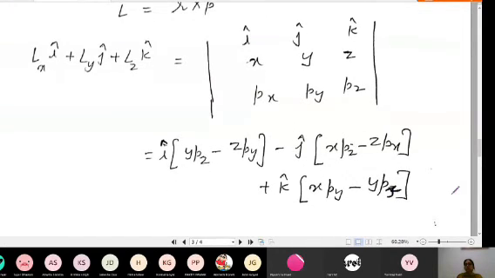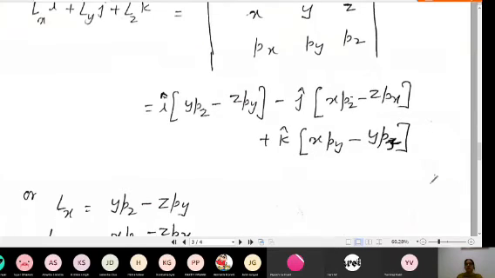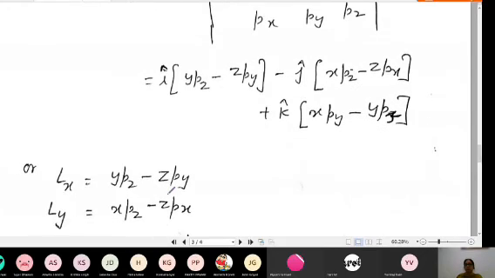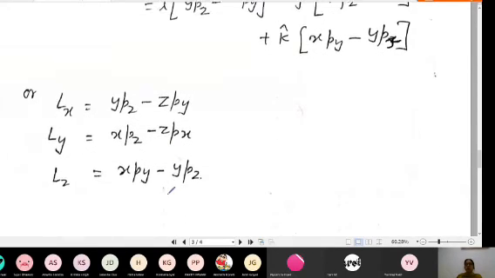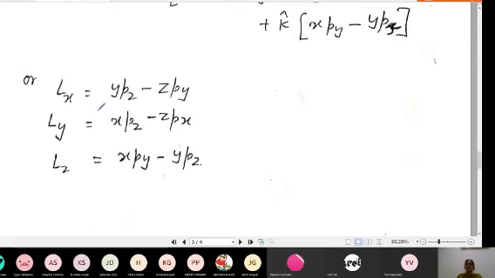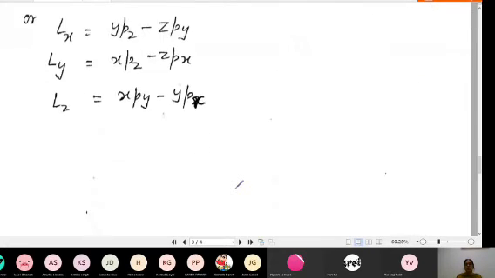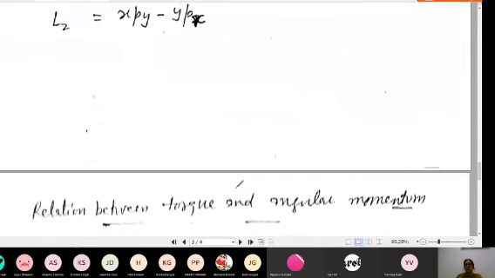So you work it out by comparing both sides. The i cap, j cap and k cap multiples have to be compared on both sides, and you will be able to write the value of Lx, which is ypz minus zpy, and Ly and Lz also. And Lz you can see is equal to xpy minus ypx, which we got in the expression here also. You can compare and get the values of the angular momentum.